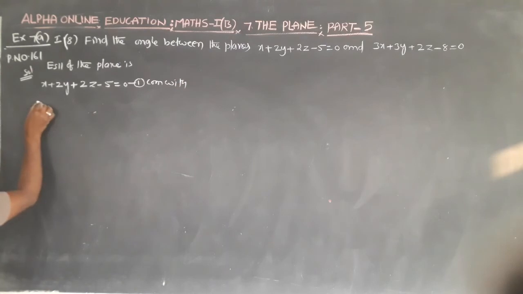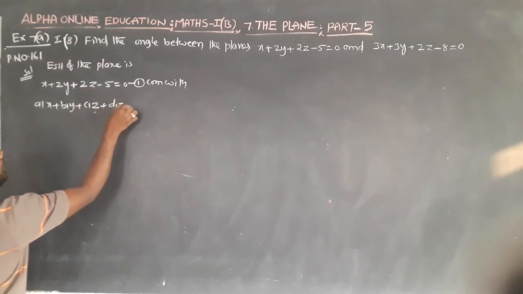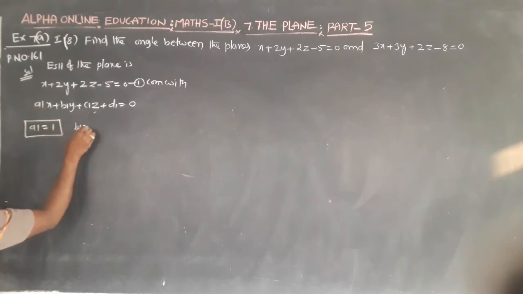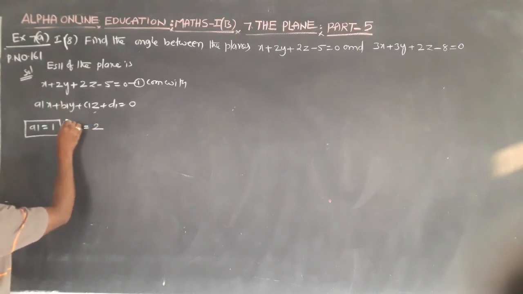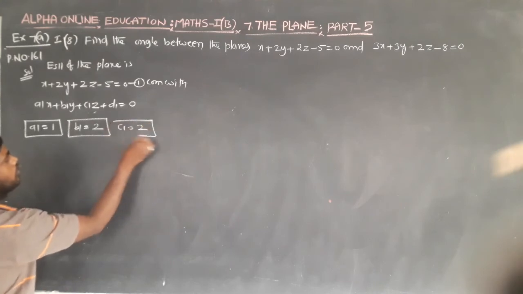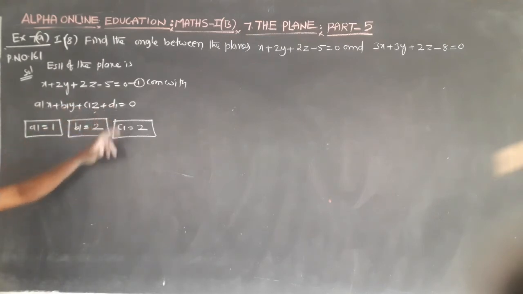Comparing with first plane, a1x plus b1y plus c1z plus d1 is equal to 0. Here a1 is equal to 1, b1 is equal to 2 and c1 is equal to 2. a1 x coefficient 1, b1 y coefficient 2, c1 z coefficient 2.